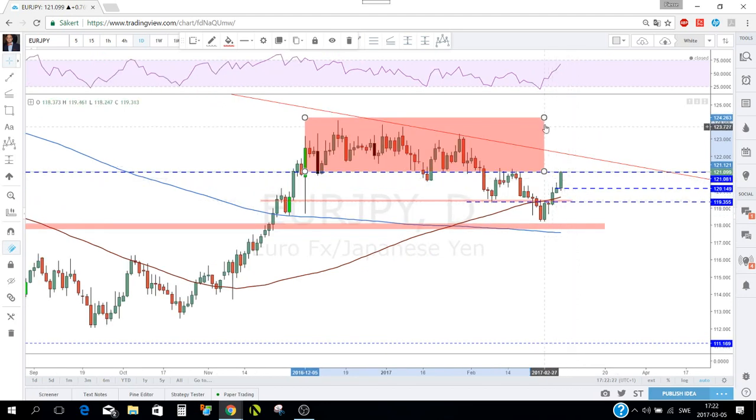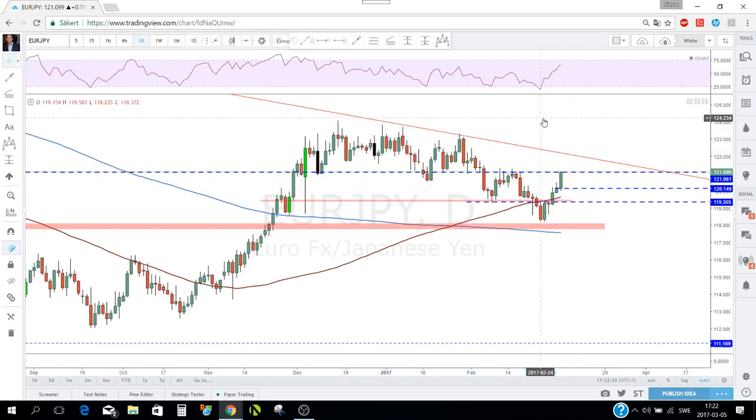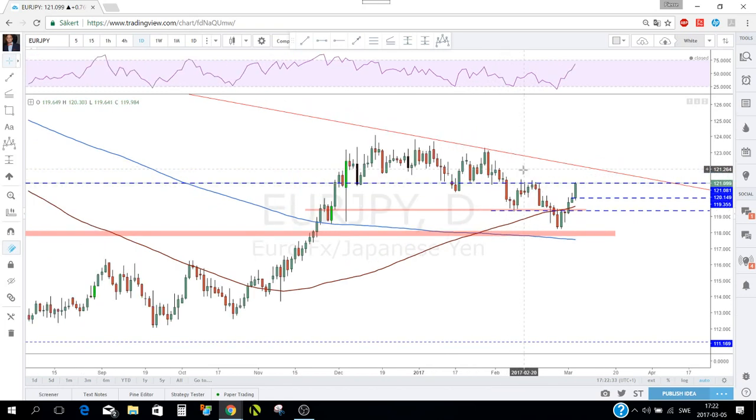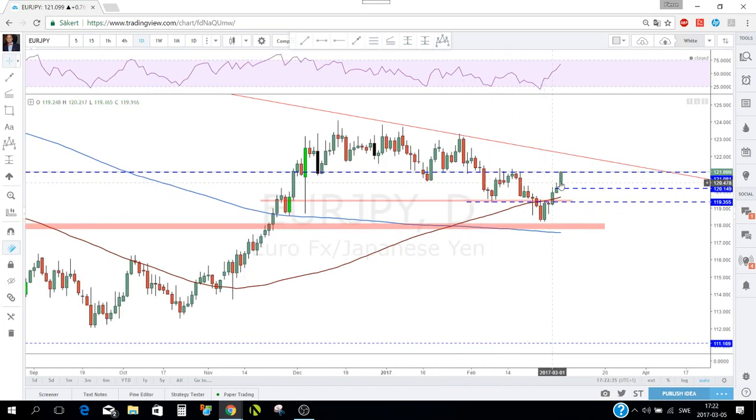So for now, that looks good for more long, but of course we have this support-turned-resistance area that we should be watching very carefully next week, and that level is exactly where price is right now. The 1-to-1 area is the structure we should be looking at.